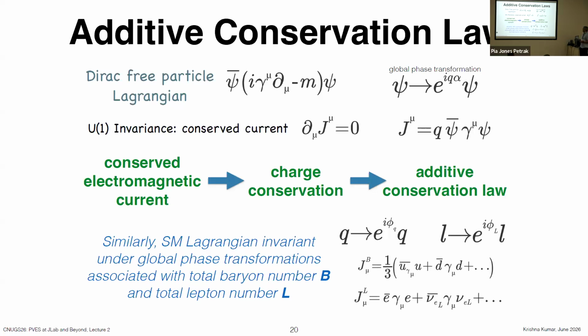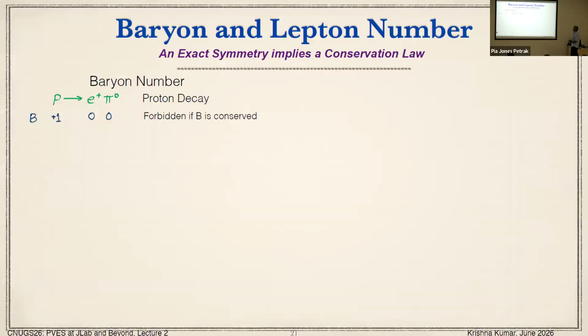And this brings us to baryon and lepton number. Are they exact symmetries or not? We don't expect them to be for various reasons. So I already showed you how baryon number works. This is forbidden because if you start with a baryon, you should end up with a baryon. Then there's lepton number. So this is important to understand with the weak interactions. If I start with a pi plus, I will end up with a mu plus and a muon neutrino.